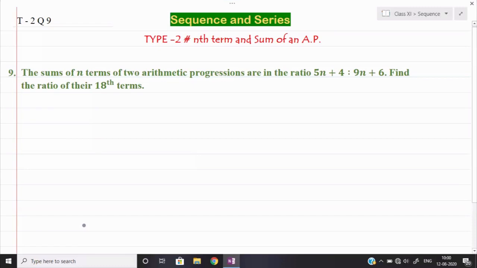First of all, see what we have been given in the question, and we shall suppose some things first. As I told you, two separate APs are given to us, so we shall suppose their first terms and common differences with separate symbols.